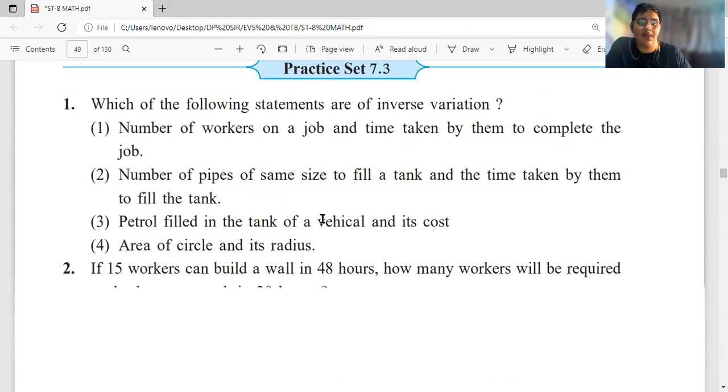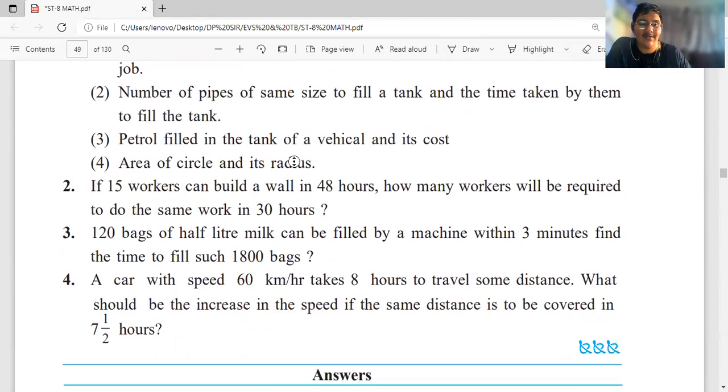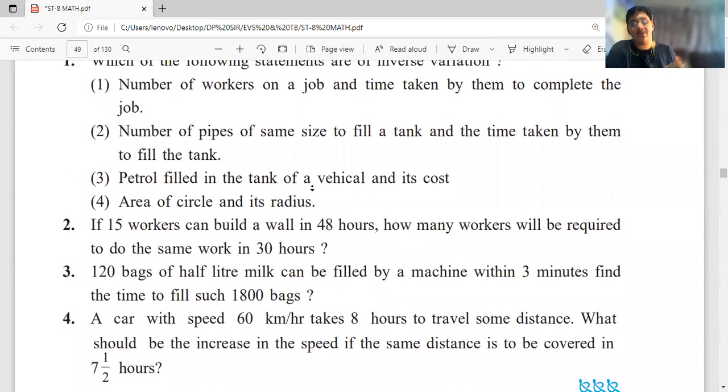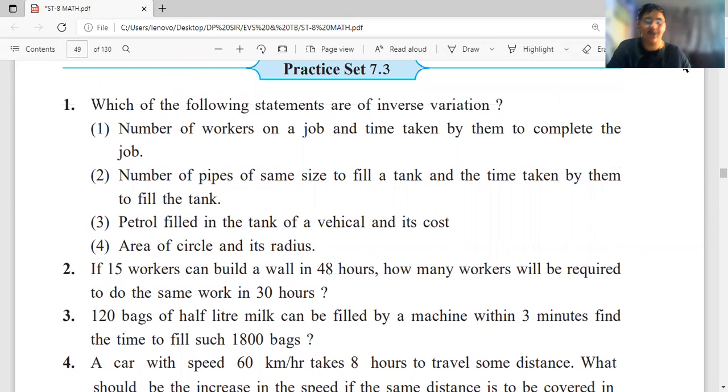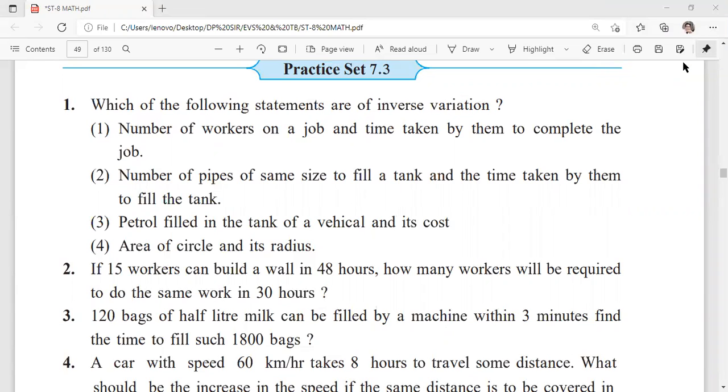Okay, so let me just take a few questions. Before going toward lecture 5, let me complete these questions today. So half part of lecture 5 I will complete now only. See, because we need to check which of the following are of inverse variation. Now anyone can do this, okay? Even you all can do. So just give me a moment. I'll just switch off my video so that I can paste this question for you all.